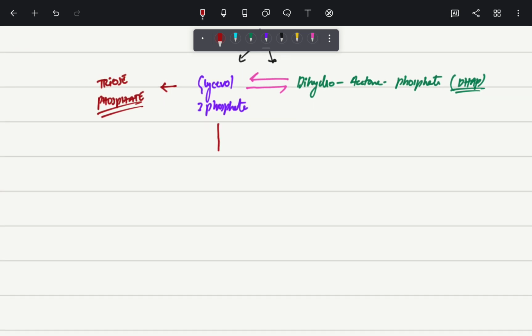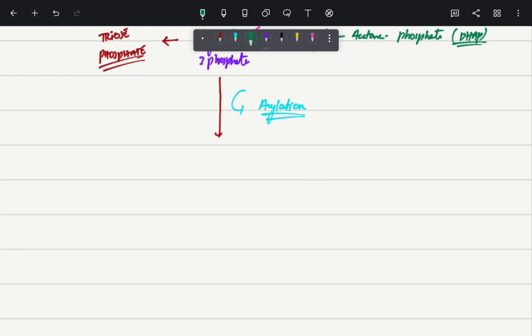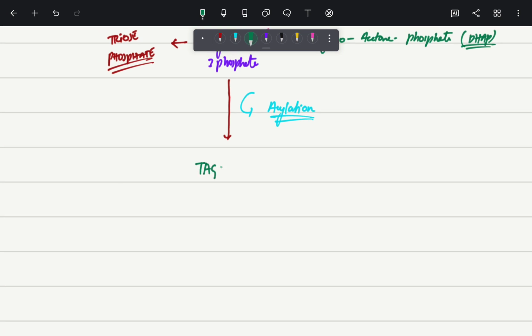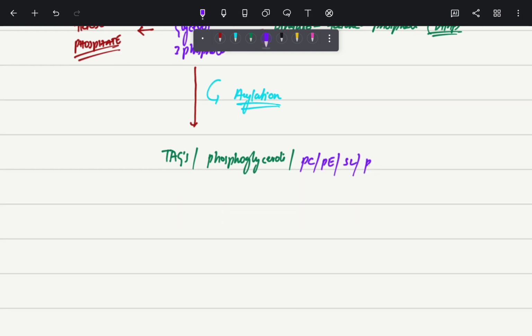From this glycerol 3-phosphate or triose phosphate, if we do acylation, then we can synthesize compounds such as triacylglycerols or phosphoglycerols, or the phospholipid content such as phosphatidylcholine, phosphatidylethanolamine, sphingolipids, and phosphatidylserine.